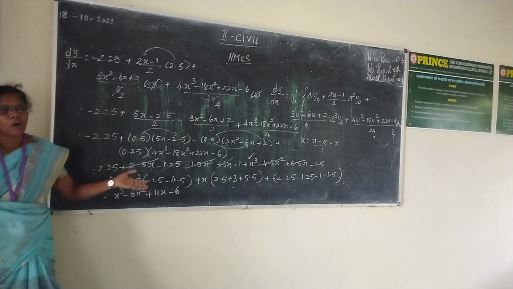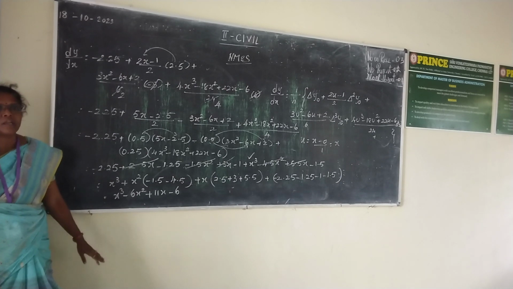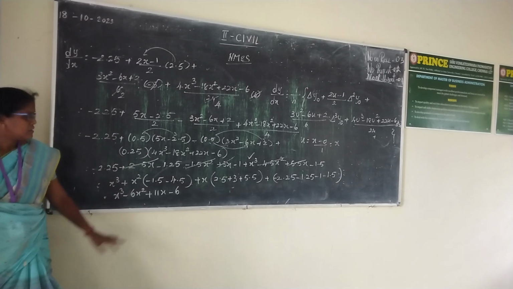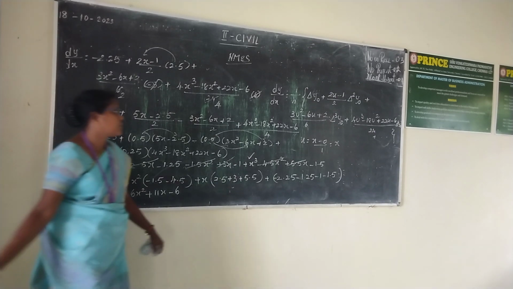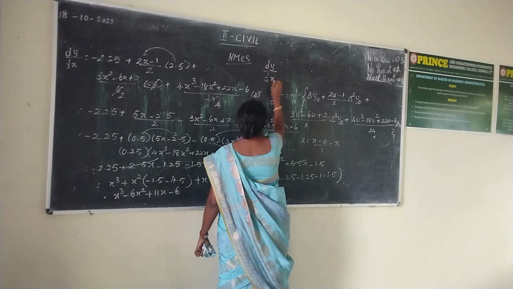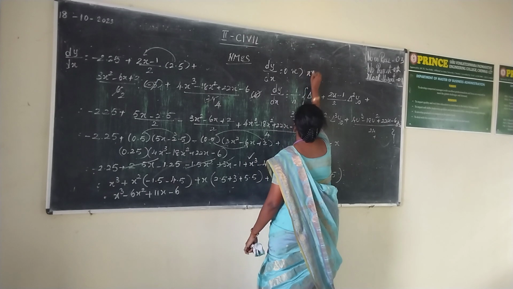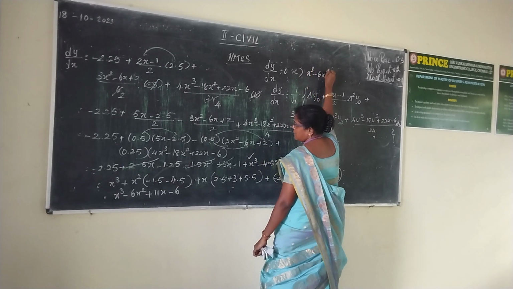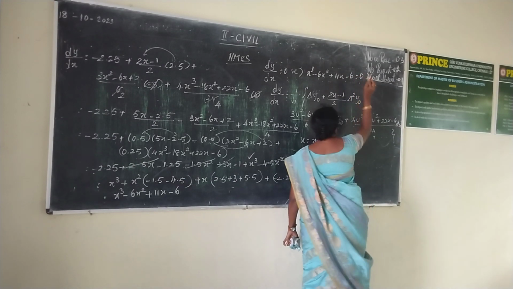Okay, ma. At the points that you find, you are going to substitute into the second derivative and check whether it is maximum or minimum. Okay. So write dy by dx equal to 0. That is x cube minus 6x square plus 11x minus 6 equal to 0.